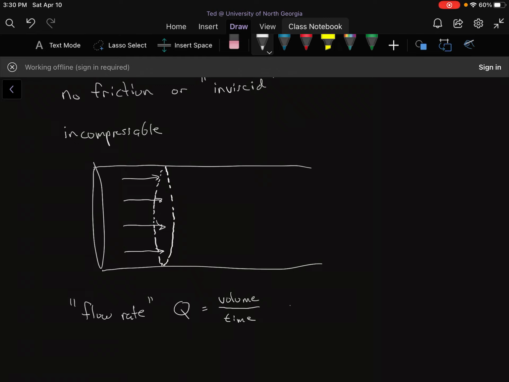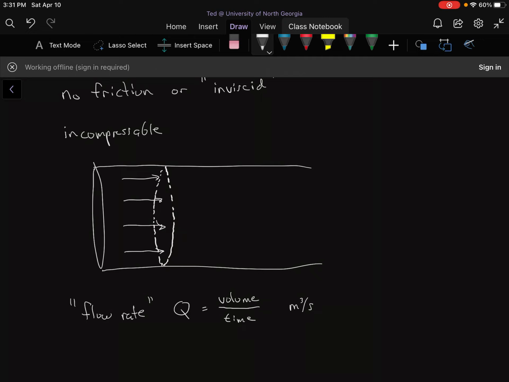So we would measure this in meters cubed per second. That would be the standard units, but you could also measure it in liters per second or gallons per hour. The whole point is it's a volume divided by a time. But the standard unit is meters cubed per second.